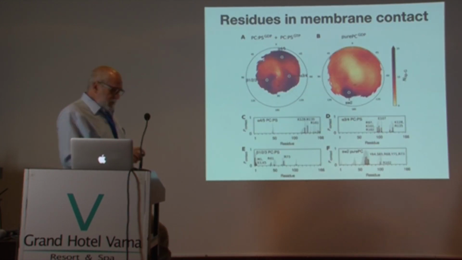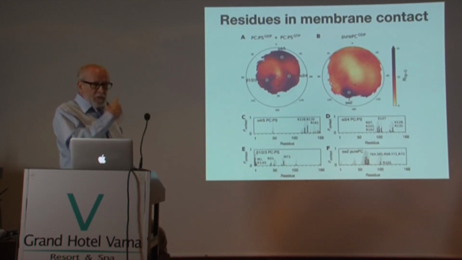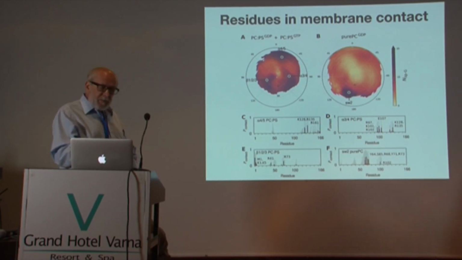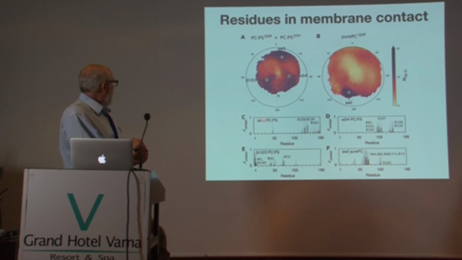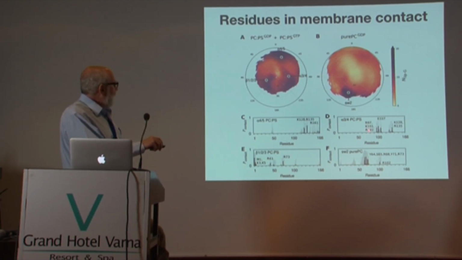And this is the interactions with the lipids: who interacts with lipids and which amino acid is interacting in the different conformations. For the alpha 4, 5 conformation, which is this one in here, you see that towards the end there are a couple of arginines and a lysine that interact with the lipid bilayer. For the alpha 3, 4, which is this one, again lysines and arginines are interacting with the lipid bilayer.